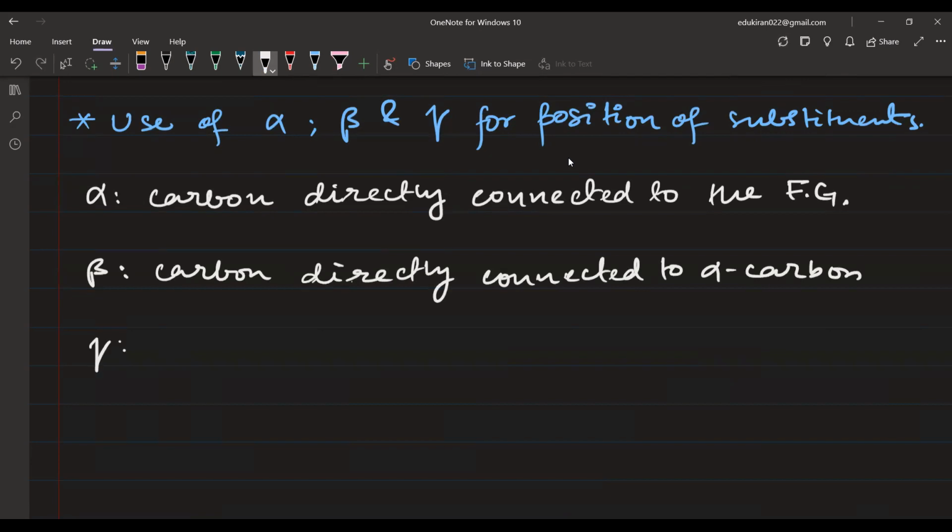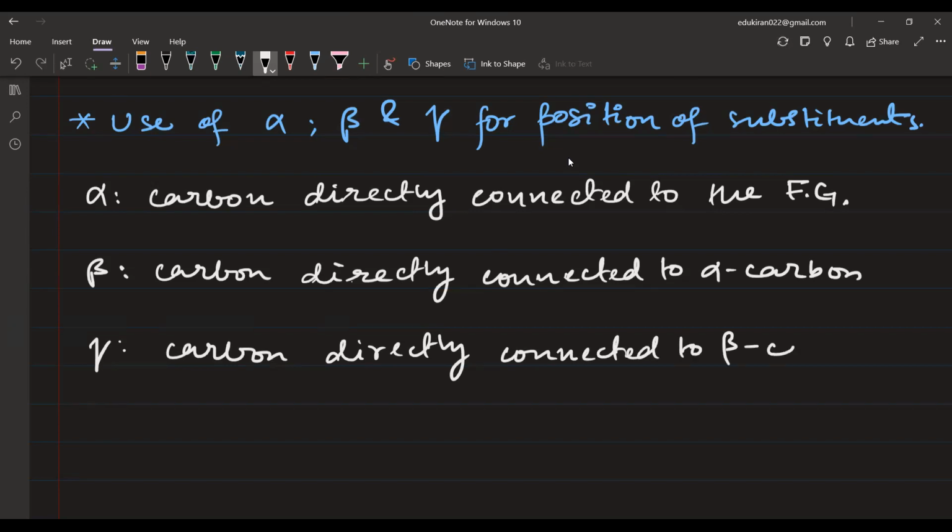What is gamma? Carbon directly connected to the beta carbon.